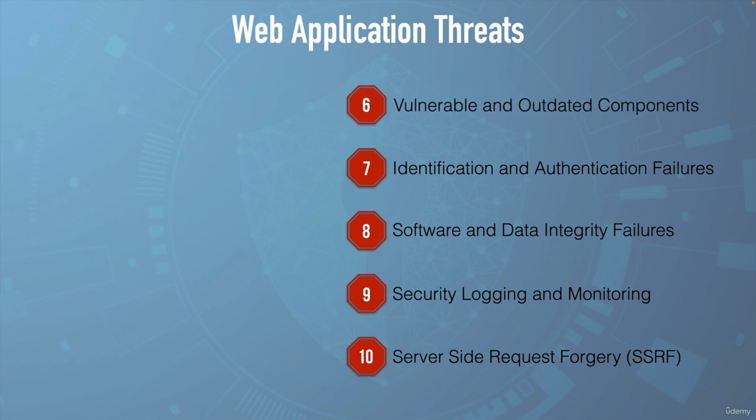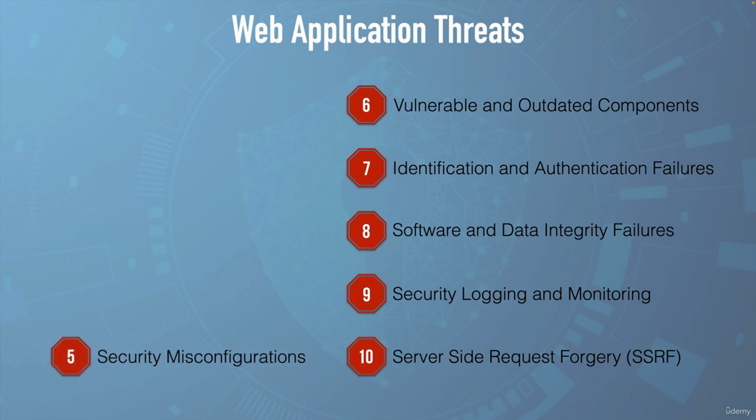Number 6 is vulnerable and outdated components. This is fairly self-explanatory. We need to make sure we are updating and patching our software as those updates and patches become available. This would also certainly include retiring any operating systems or any software that is considered to be end of life. Those are software that are no longer supported with updates or support in general.